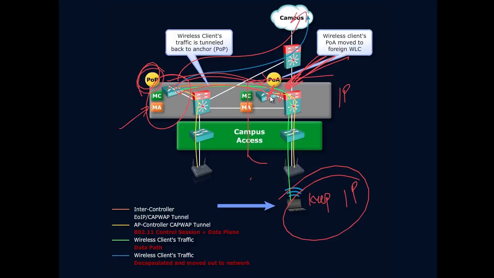So if I want to keep connectivity without having to reassociate this client, I can do a layer 3 intercontroller roam, right? We're going to have that EoIP or CAPWAP tunnel. This is going to move information for us. So we are tunneling back. This is an anchor now, an anchor wireless controller in our roaming environment.